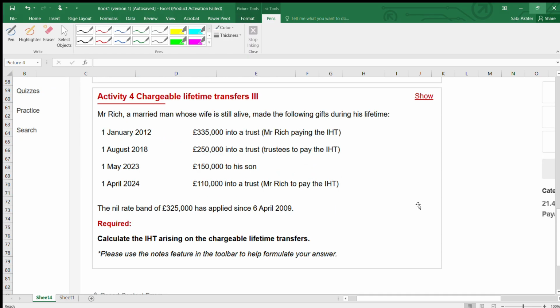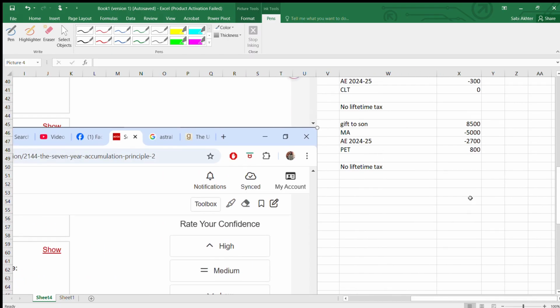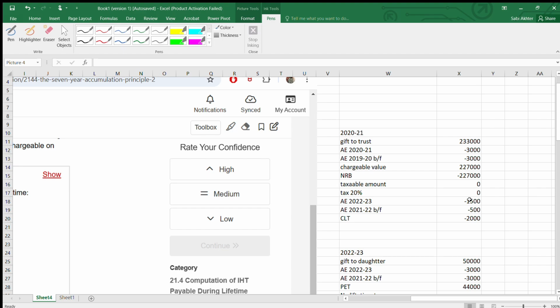So the first gift which is paid to trust is 335,000. So we'll adjust here. It is in the tax year 2011-12. Gift to trust, which is 335,000. And then we are going to deduct the annual exempt amount.